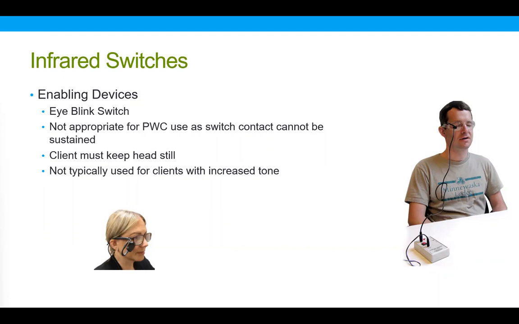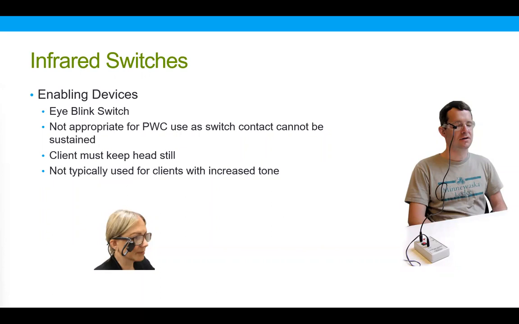It's aimed at the eyelashes, and when someone blinks, it activates the switch. It is programmable because we want to make sure that the switch isn't activated by every time I just blink my eyes. I have to use a more intentional blink to activate this. It is not appropriate for power wheelchair use because you cannot sustain that switch signal.